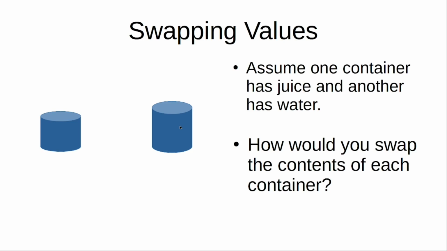I want to pose a question: how would you swap the contents of each container to each other? You want the containers to stay the same, but you want to swap the contents of the containers. So how would you do that?